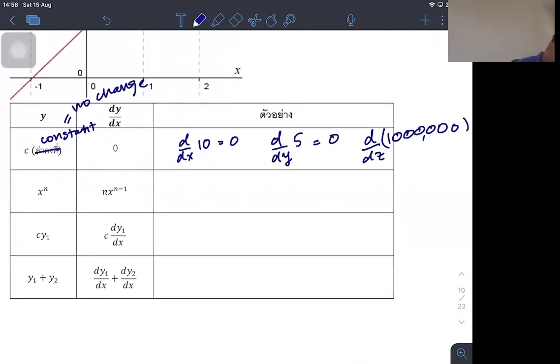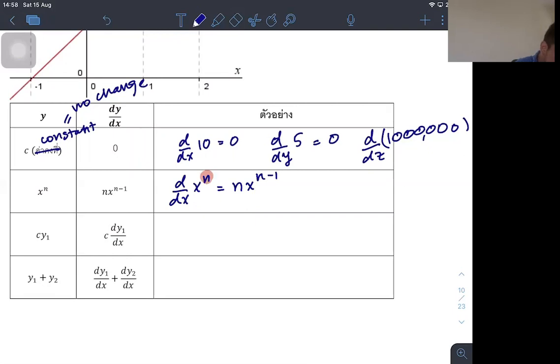Then if you come up with a term in a polynomial, x to the power n, and you try to differentiate x to the power n, what you come up with is you bring down the n, times x, and the power becomes n minus 1.